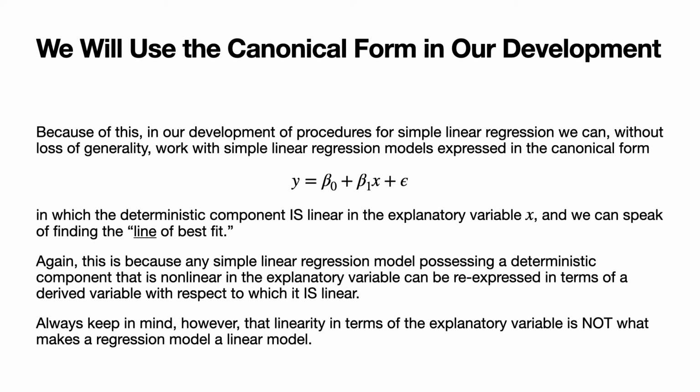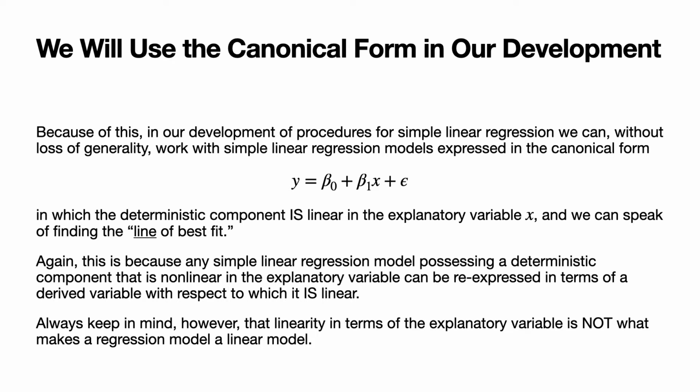Now, because of this, in our development of procedures for simple linear regression, we can, without loss of generality, work with simple linear regression models expressed in the canonical form shown here, y equal to beta 0 plus beta 1 times x plus epsilon, in which the deterministic component is linear in the explanatory variable x.